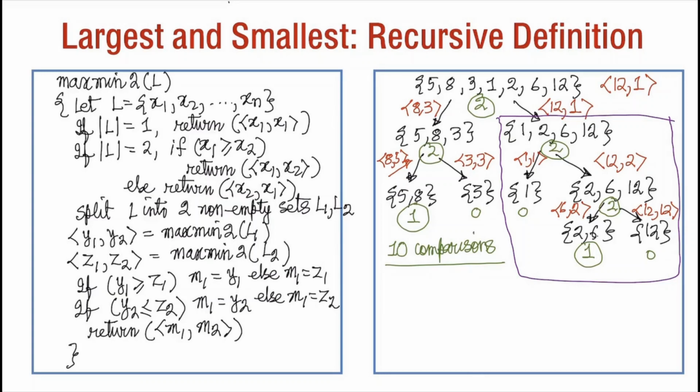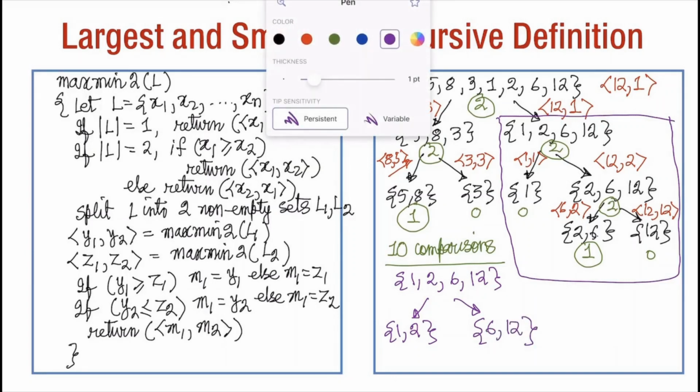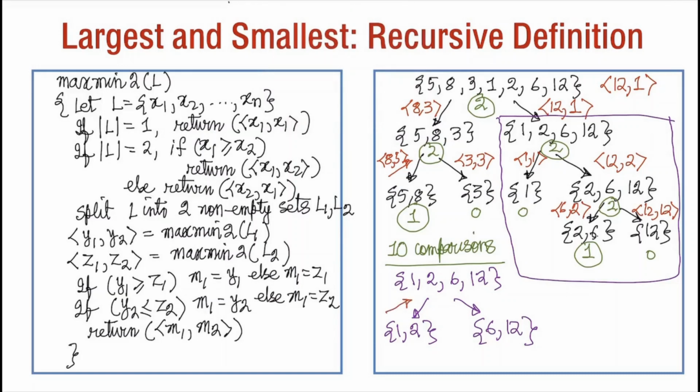If we had split this part of the tree in a different way, that means we split 1, 2, 6 and 12 as 1, 2 and 6, 12, then we would have got the same answer, because this would return 2, 1, this would return 12, 6, and this would return 12, 1, which is the same as the return value out of that block.